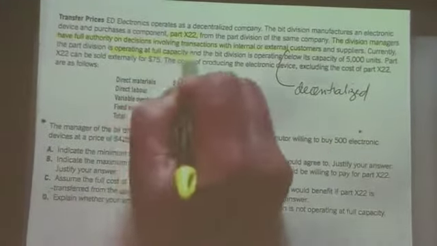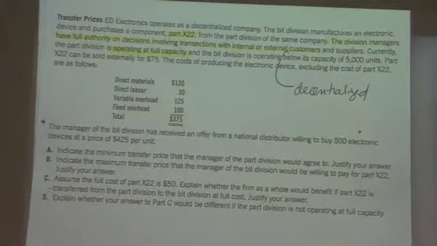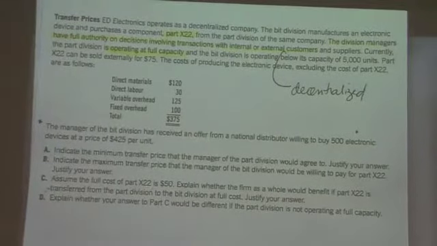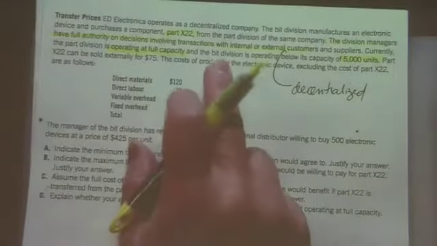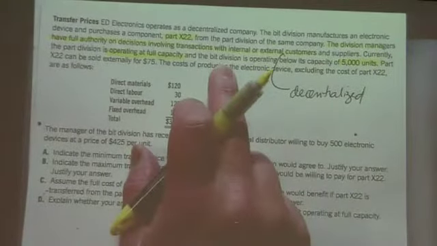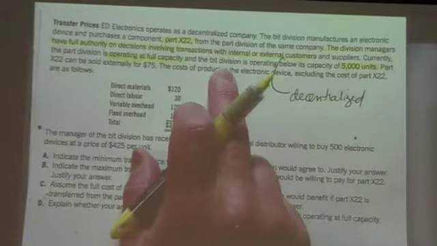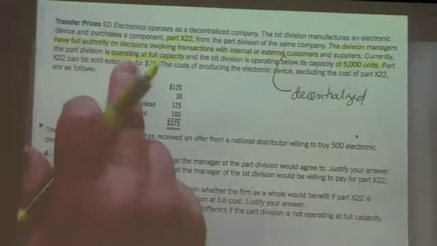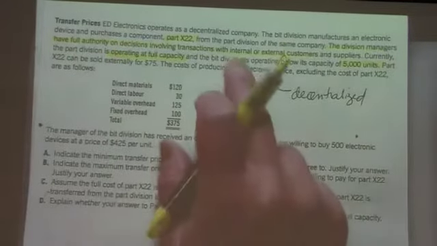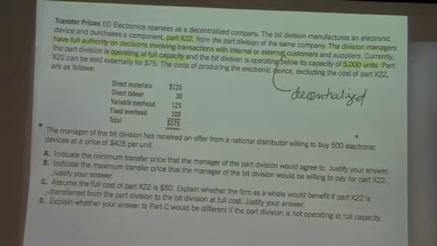That's important to note. And the bit division is operating below its capacity of 5,000 units. So the parts division, who's the supplier, is operating at full capacity, and the bit division, which is the buying division, has excess capacity to produce 5,000 units.